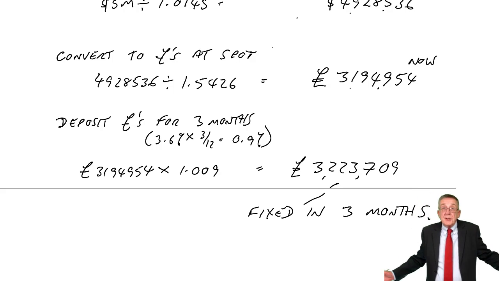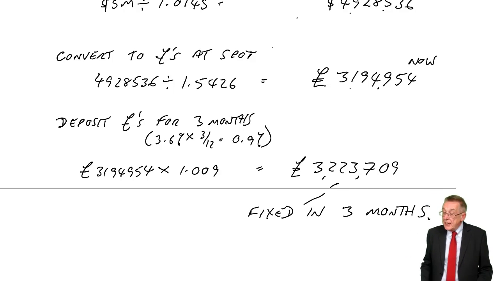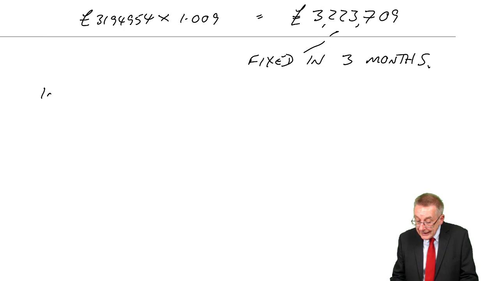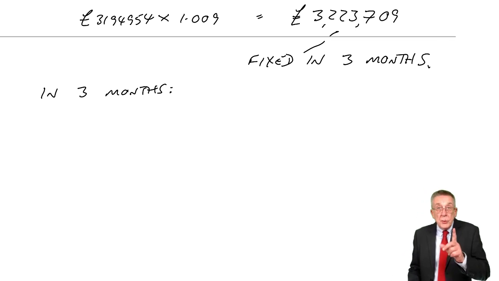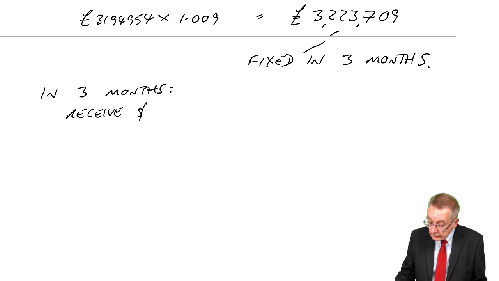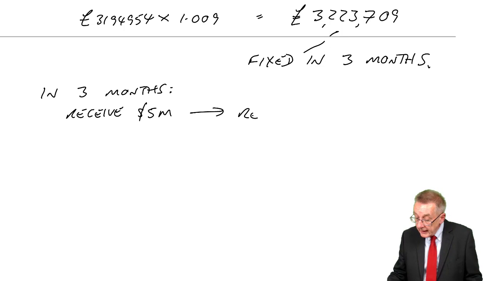And it doesn't matter what happens to the exchange rate. And to be clear, I know it's a bit messy the first time you see it, but be clear what will happen in 3 months' time. Two things happen. We receive the money from the customer, and that will go straight to repaying the borrowing.